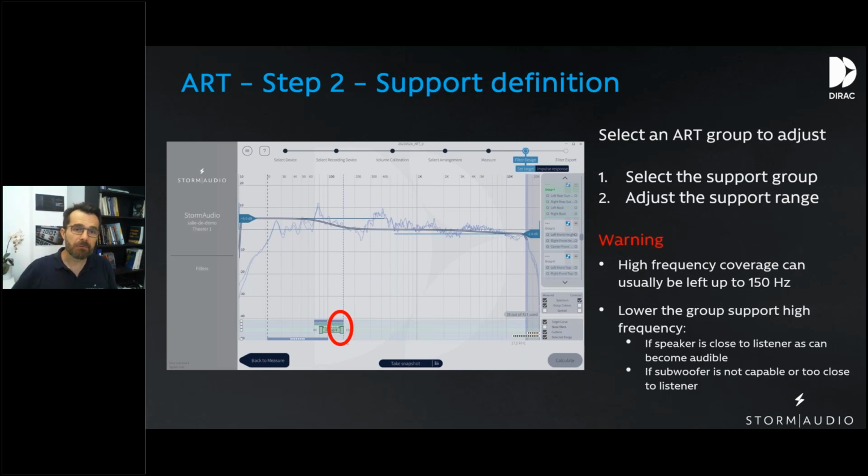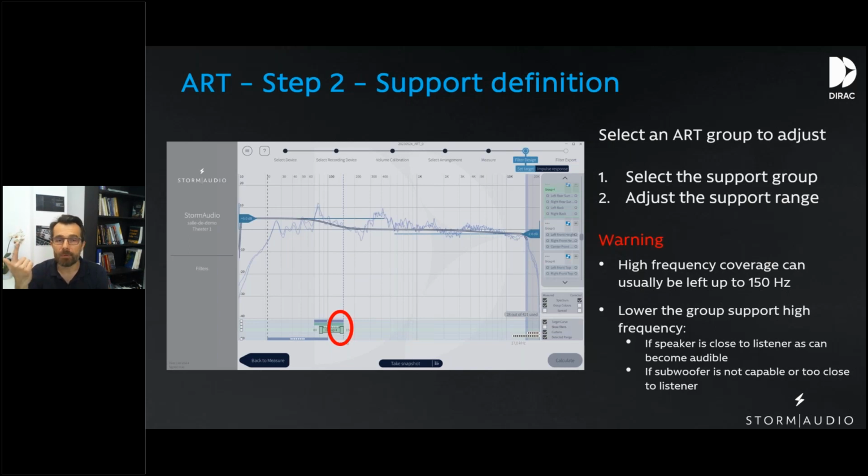In this case, if you're really close and you start hearing the support of the speaker, you can decide to lower the frequency support down to maybe 100 Hertz or 80 Hertz. That's something you might have to try, but at least you should lower it. You can also play on the support level, which we'll see a bit later, but start with the frequency range. That's the first reason why you would play on that for the speakers.